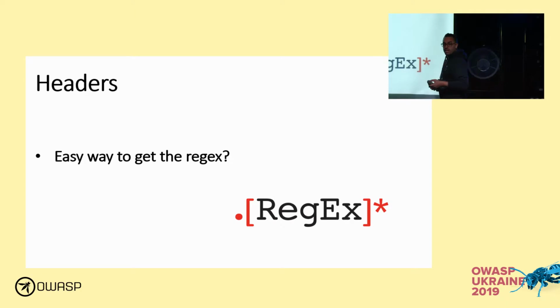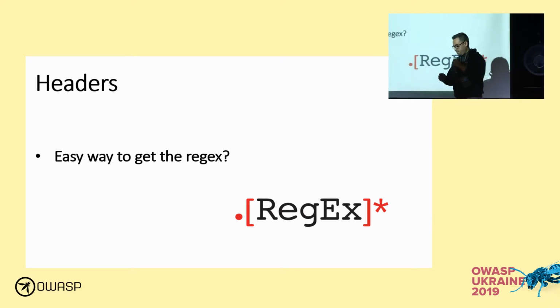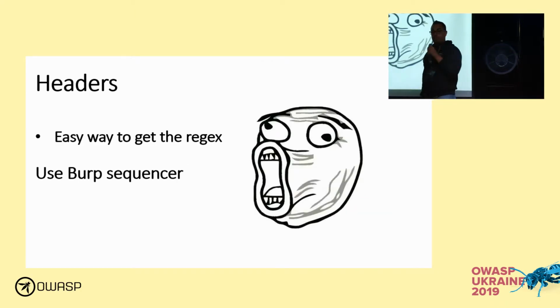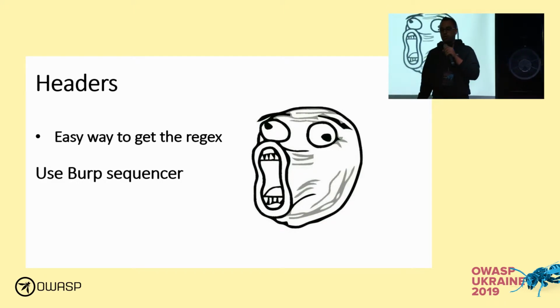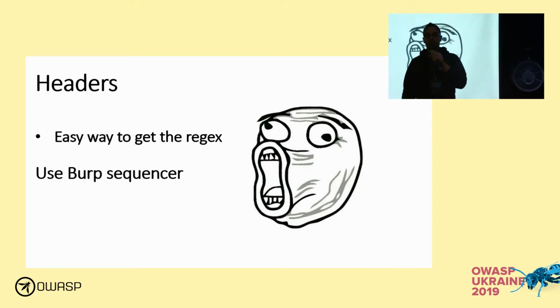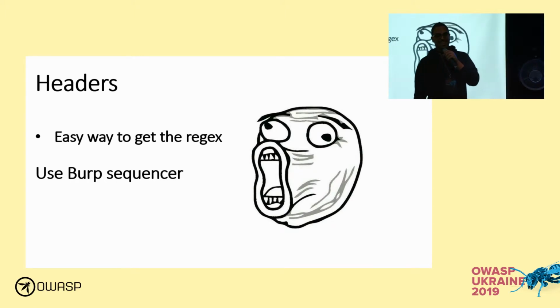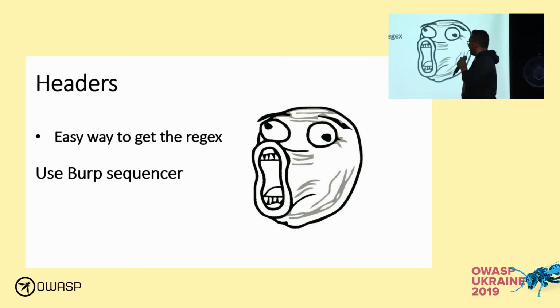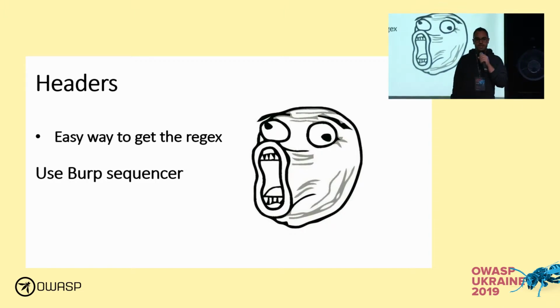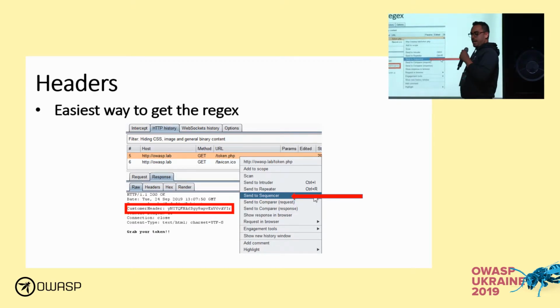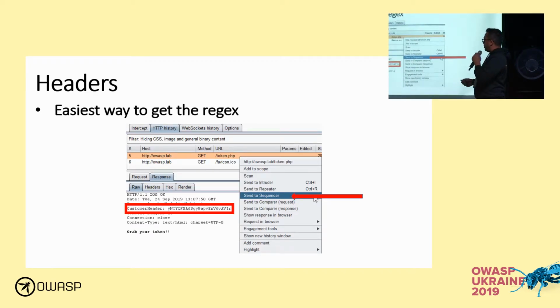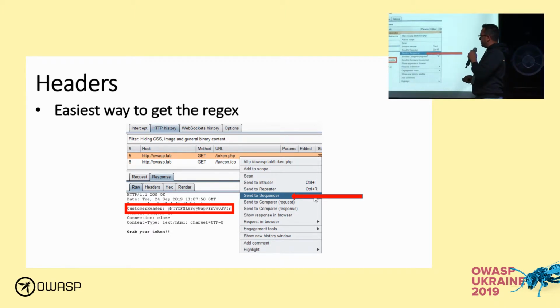So basically, to get the regex, we can use Burp Sequencer. Do you know Burp Sequencer? Has someone used it before? This tool is already in Burp, so you don't need to install any extension, nothing. It's pretty easy. In my case, I created a fake page that creates a custom header with some random value.